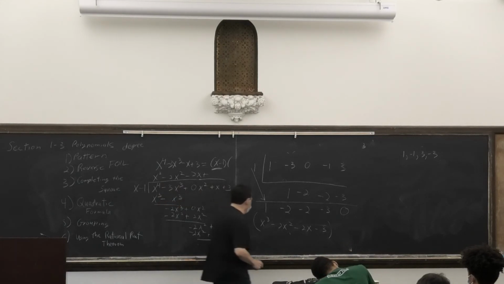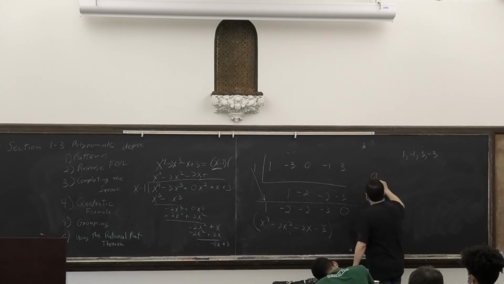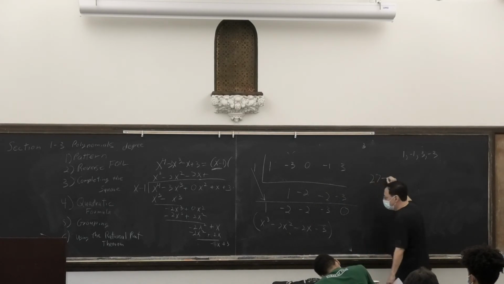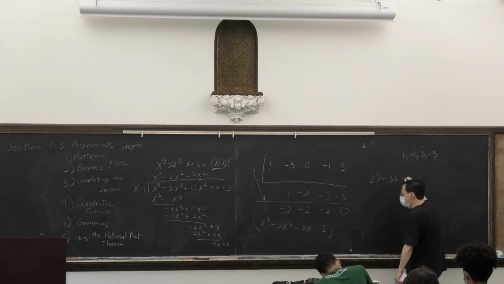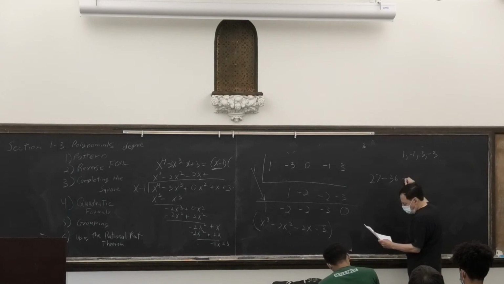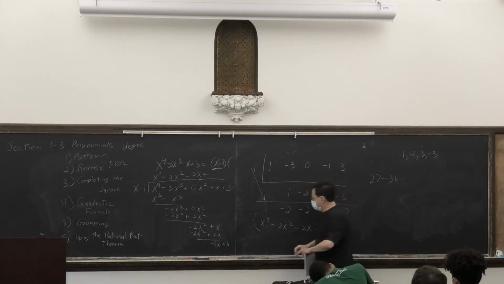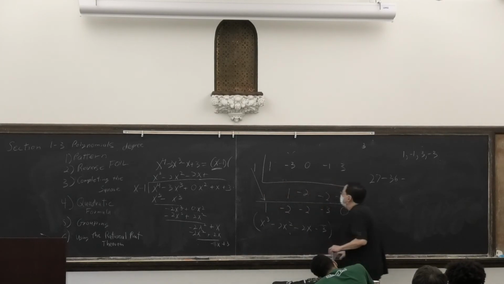All right, let's try 3. 27 minus 18 times 2 is 36. No, that can't be right. Guess I should have mapped this problem out a little more carefully.